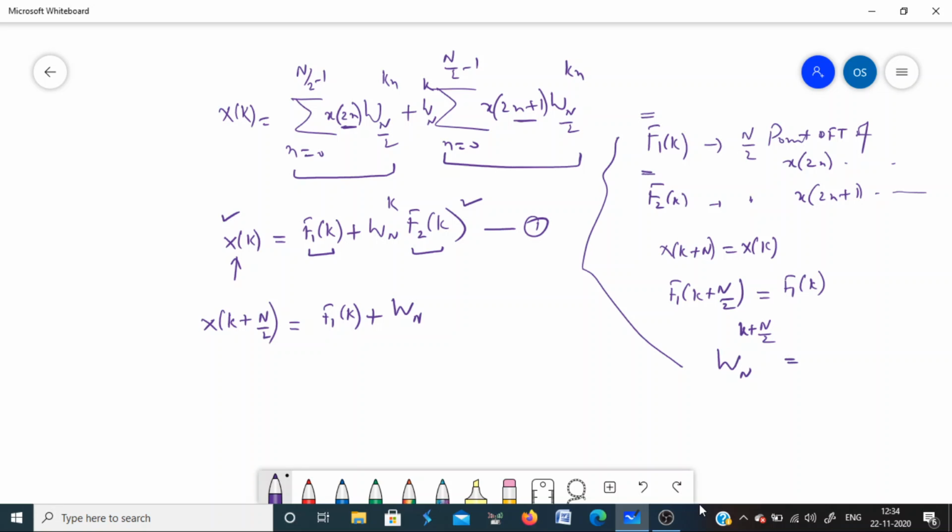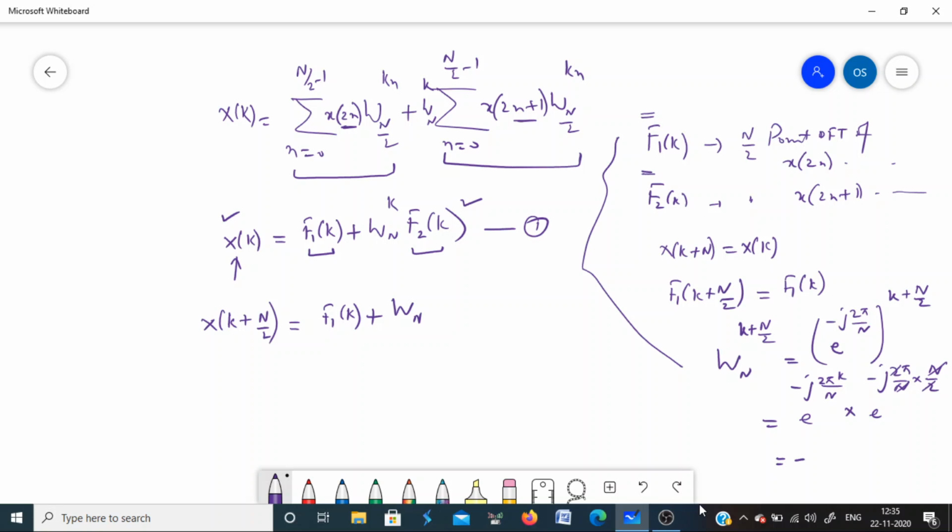Okay, what will it be? It will be e raised to power minus j 2 pi by N, which is W_N to the power k plus N by 2. So you'll get two terms. One is e raised to power minus j 2 pi k by N, multiplied with e raised to power minus j 2 pi by N into N by 2. So 2 and N will get cancelled. e raised to power minus j pi will become minus 1.